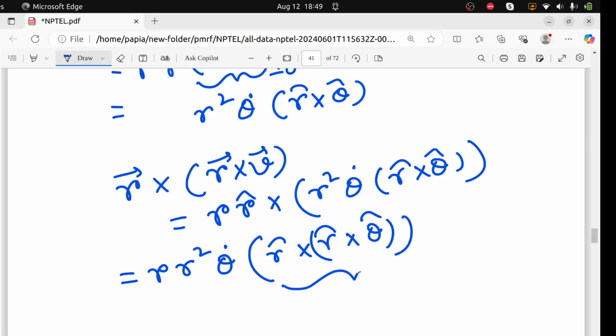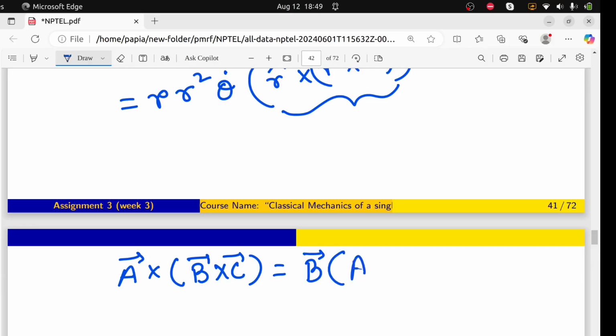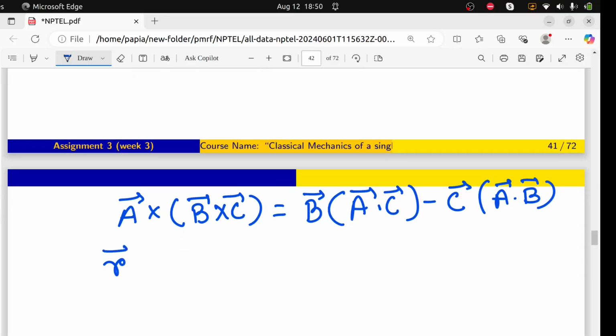Now what is the value of this one? There is an expression, the vector triple product: A cross (B cross C). In my question, it is r cap cross (r cap cross theta cap).